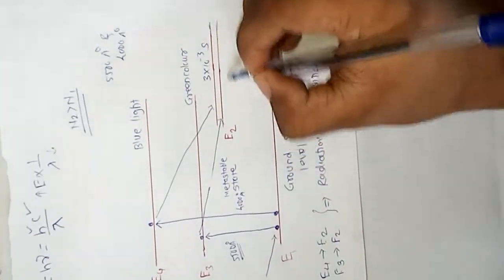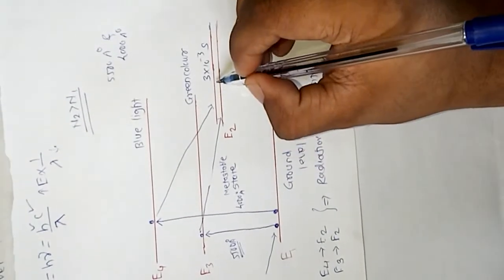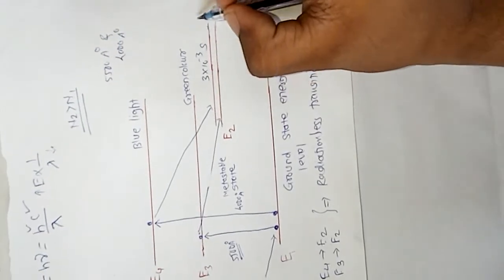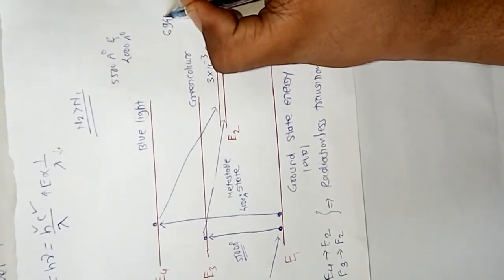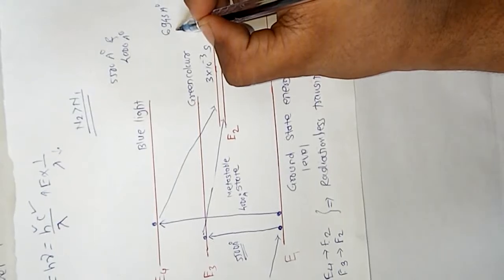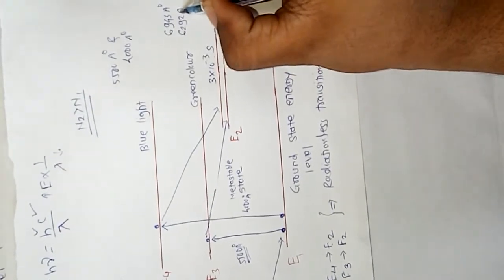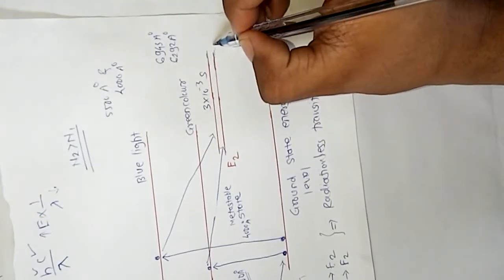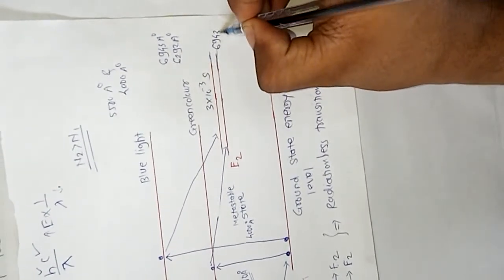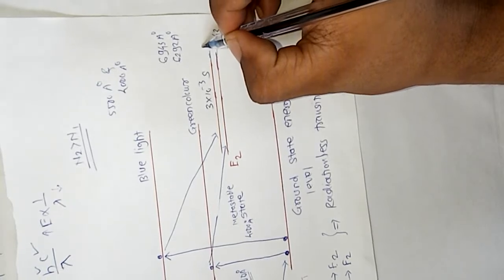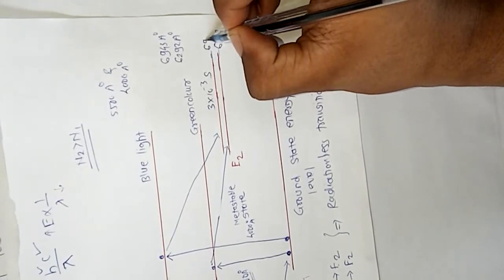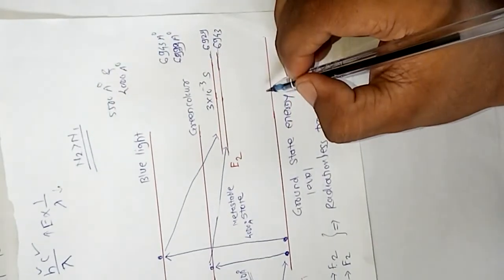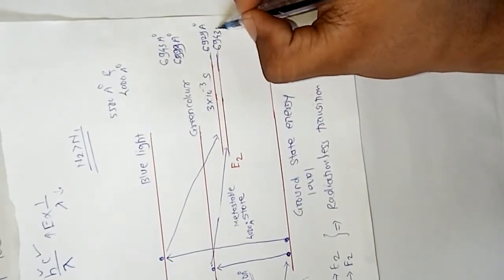One thing regarding this metastable state: it corresponds to two energy levels having wavelengths 6943 angstrom unit and 6929 angstrom unit. So the lower energy level corresponds to wavelength 6943 and the upper energy level corresponds to 6929 angstrom unit.